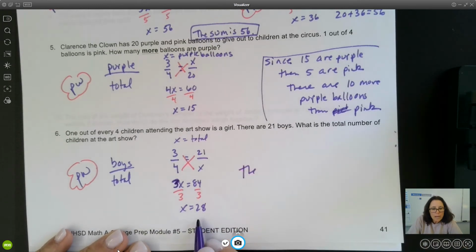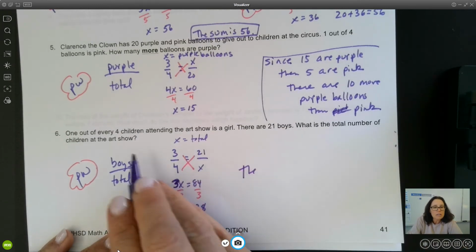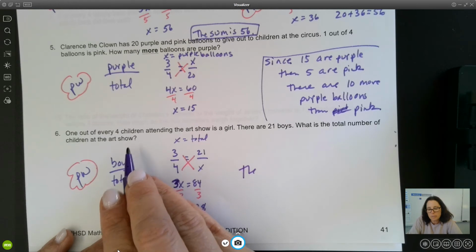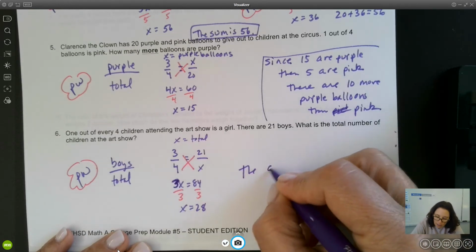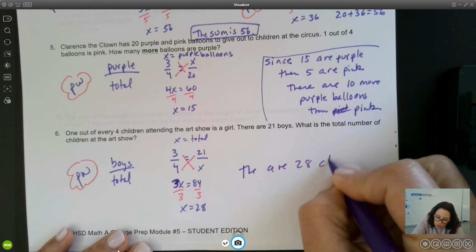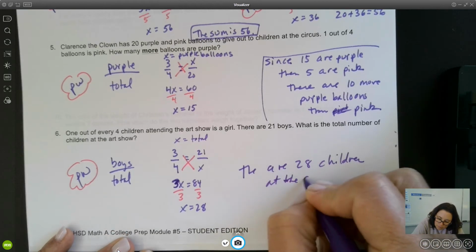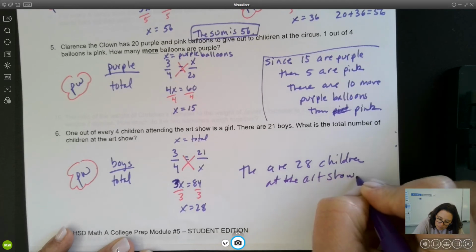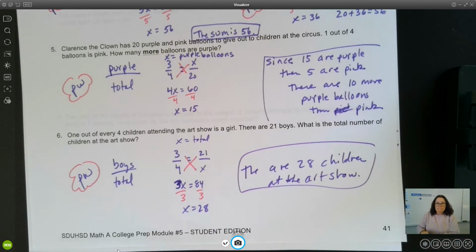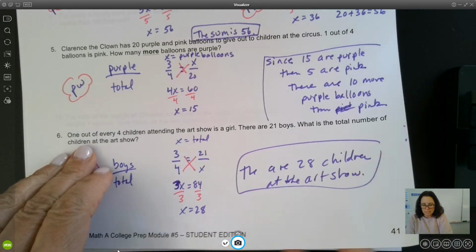I try to arrange my X to be the answer to the question, but it doesn't always work that way. There are 28 children at the art show. Okay, next problem.